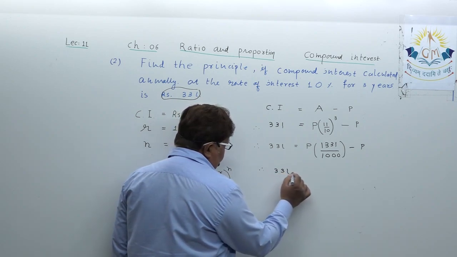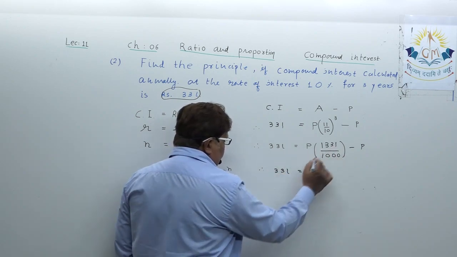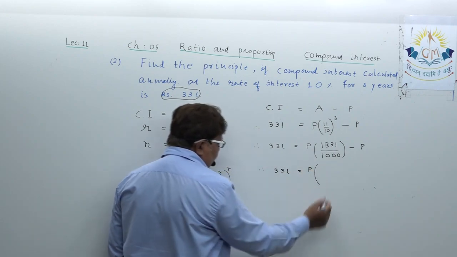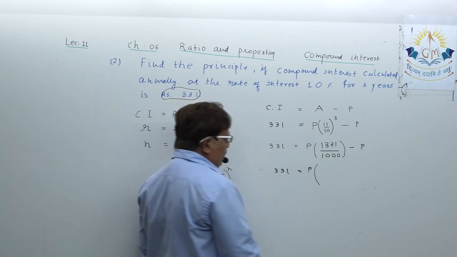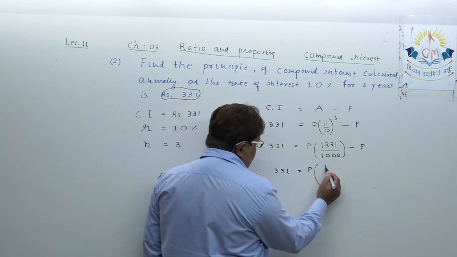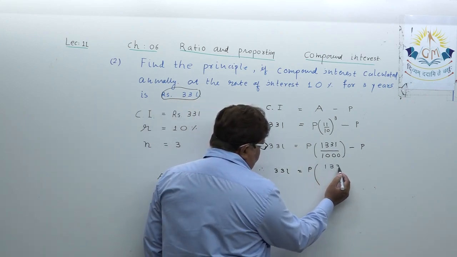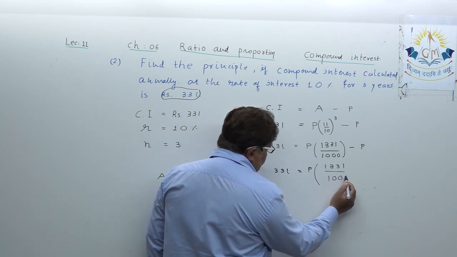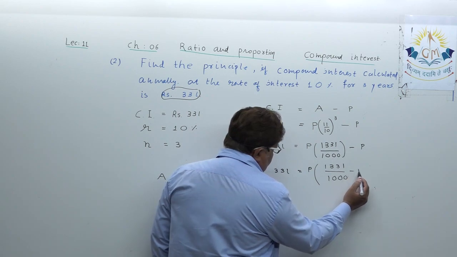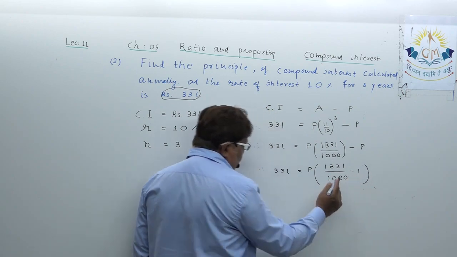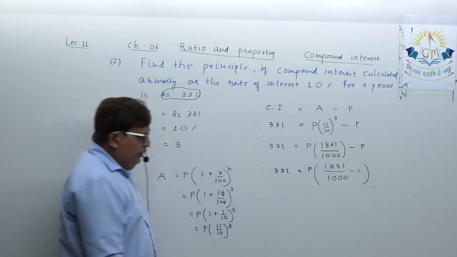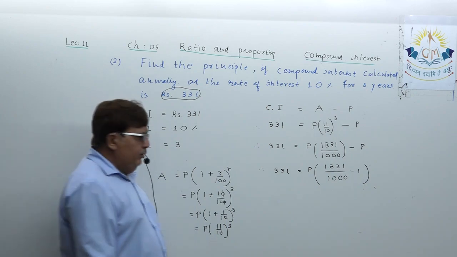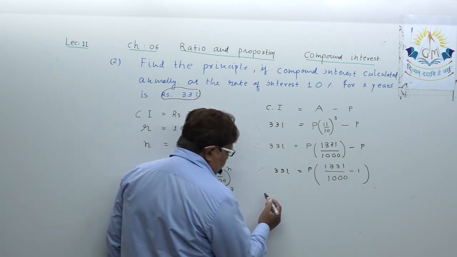331. Take out P as common. Then what is left here? 1331 upon 1000 minus 1. Is it clear in your mind? We have taken out P as common.